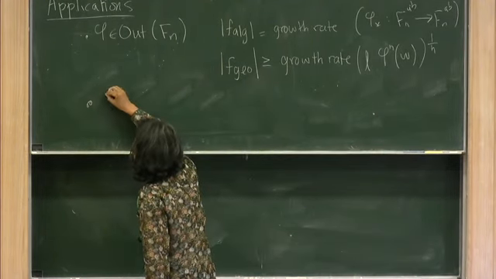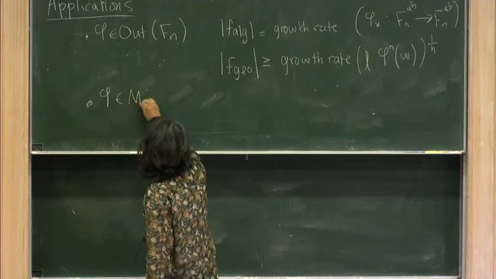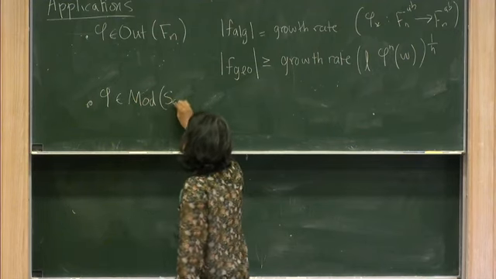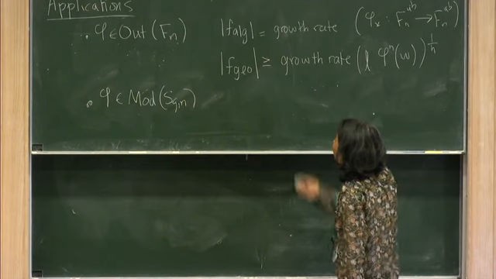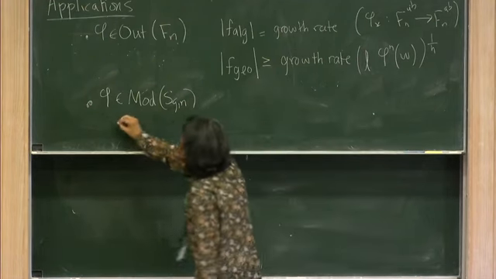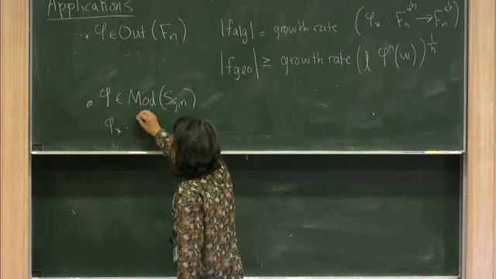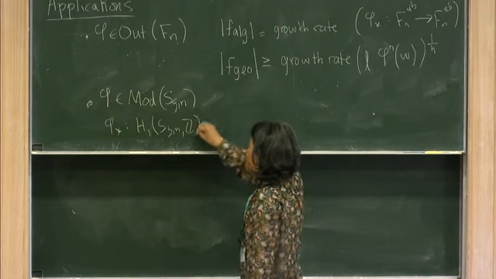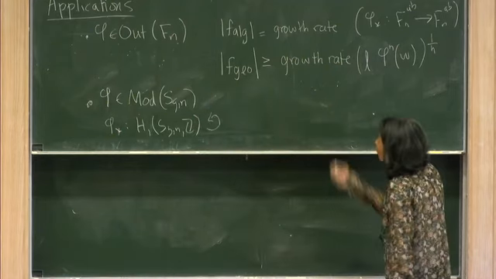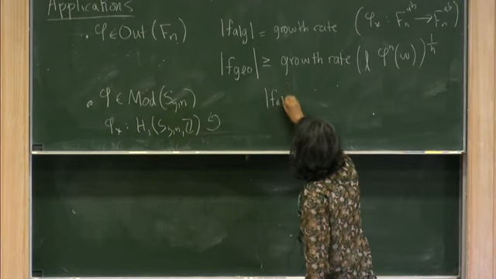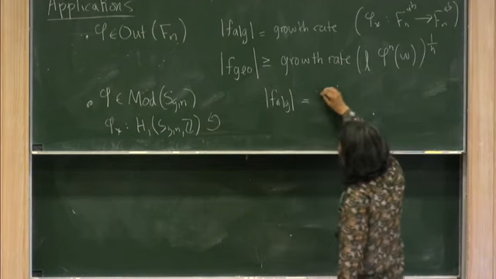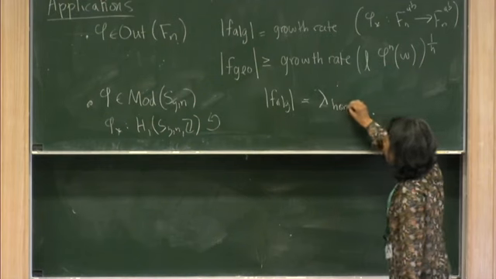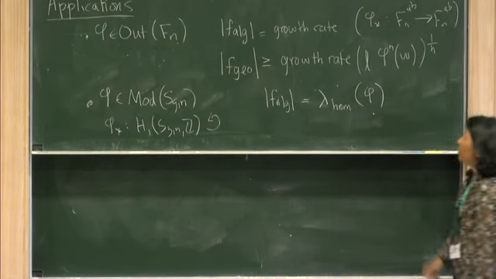And for phi in the mapping class group, phi is going to give you a map from H_1 of S to itself. So f_alg is just the homological dilatation of phi.